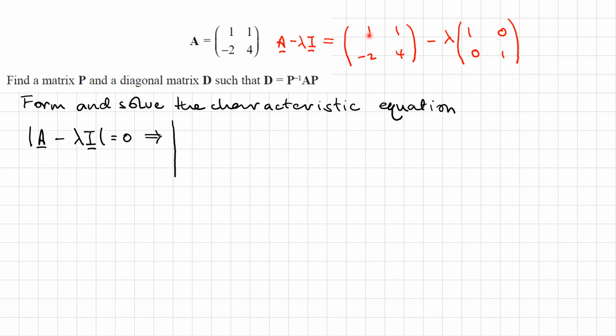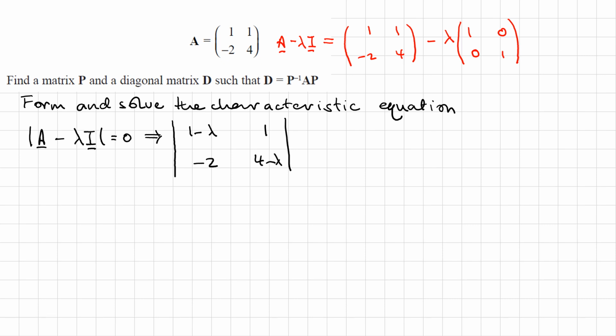So we've got 1 minus lambda as the first element. Then the second one is going to be 1 minus 0, so it's just going to be 1. Down here we'll have negative 2 minus 0, so just negative 2. And then 4 minus lambda.